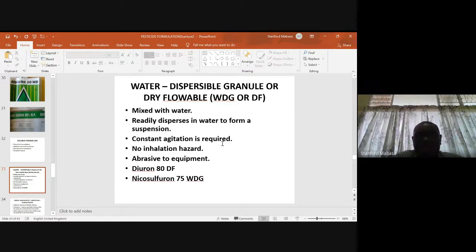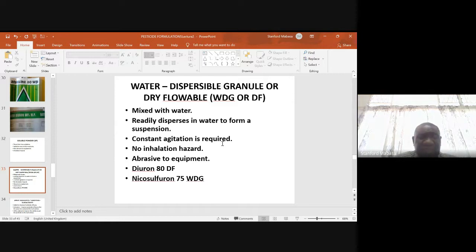These can readily disperse in water to form a suspension. So constant agitation is required. But the good thing about water dispersible granule or dry flowable, DF, is that this is not a dust. So there is no inhalation hazard, you know. Of course, you need a mask. The disadvantage is that it can damage equipment because it's abrasive.